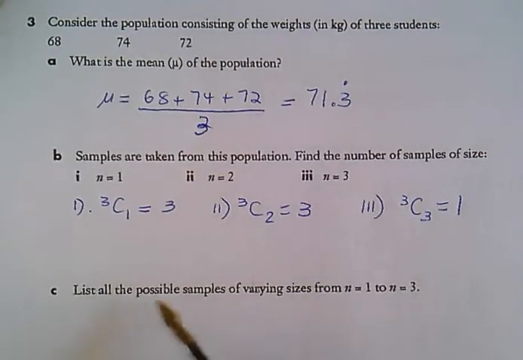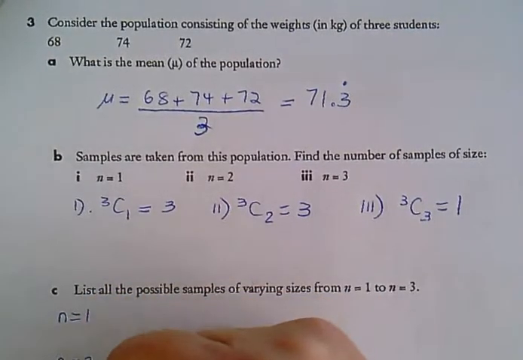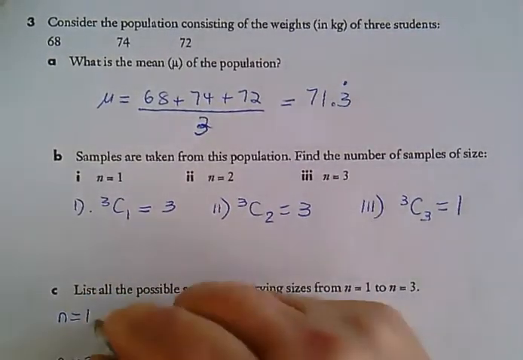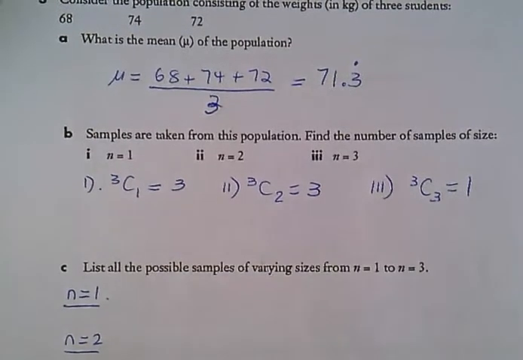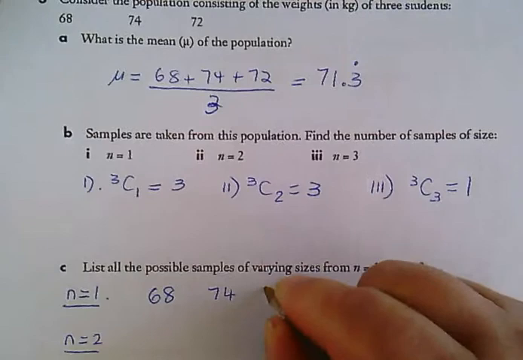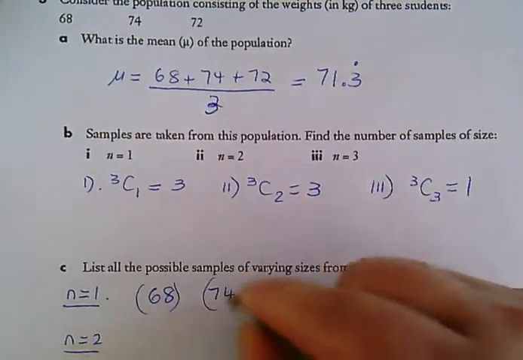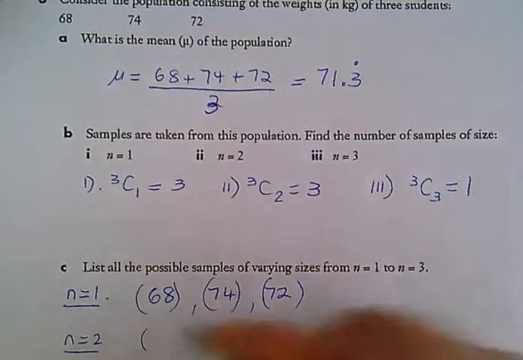Now it says list all the possible samples of varying size from n is 1 to n is 3. So can you list all your samples of size 1? What have you got? You just list them individually. What are they? Anyone? 68, 74, and 72. I'm just going to put brackets around them so you know that they're samples. What about groups of 2?